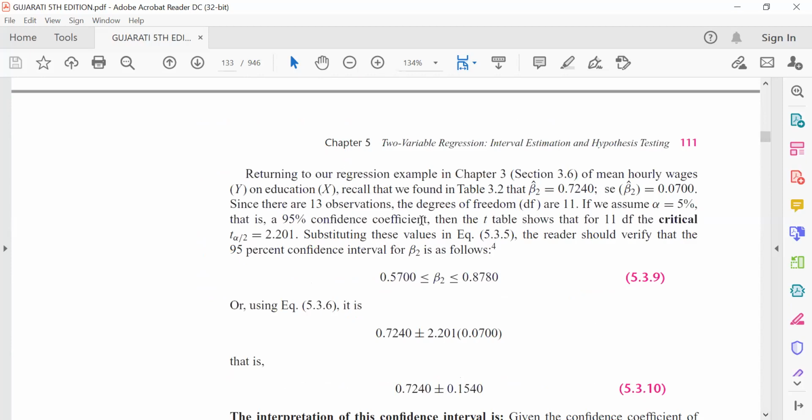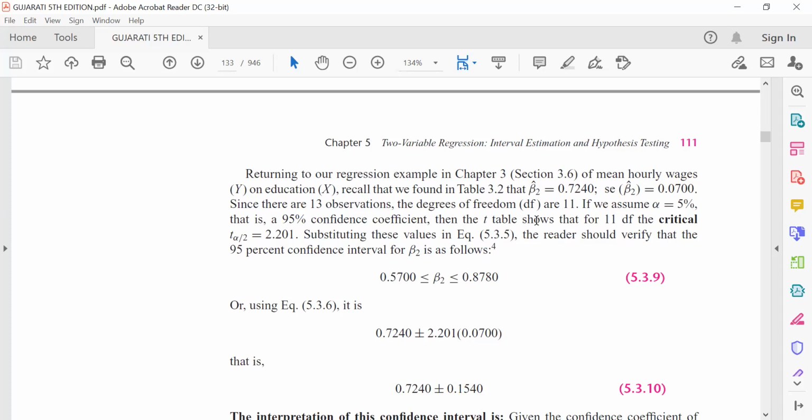For example, returning to our regression example in chapter 3, section 3.6, mean hourly wages on education. We found that beta 2 is equal to 0.724 and the standard error of beta 2 is 0.07. Because we have 13 observations, the degree of freedom is 11, because we have two parameters here.